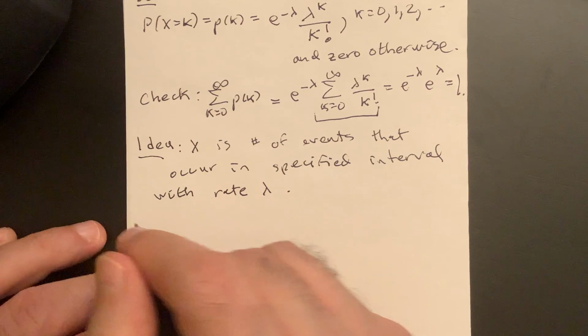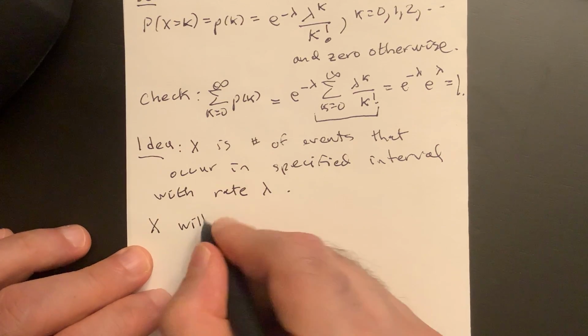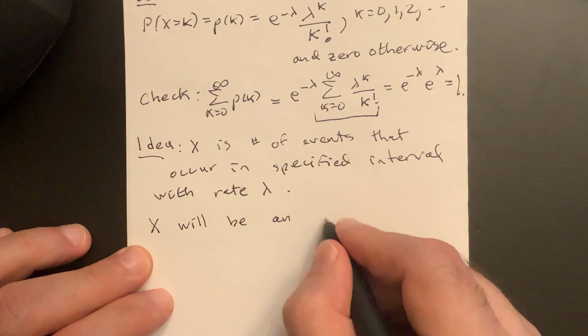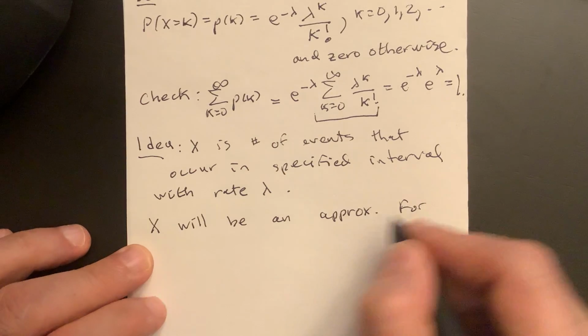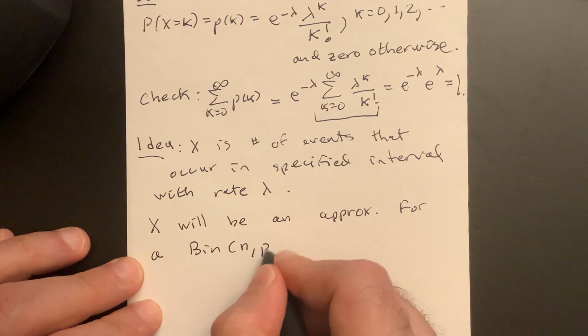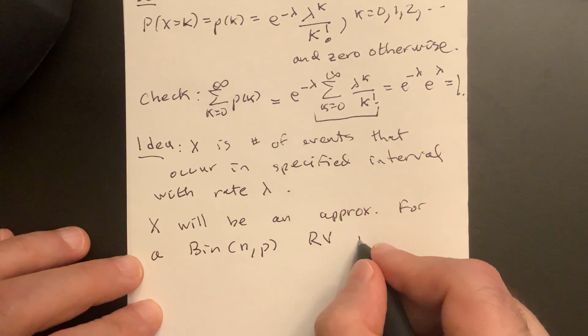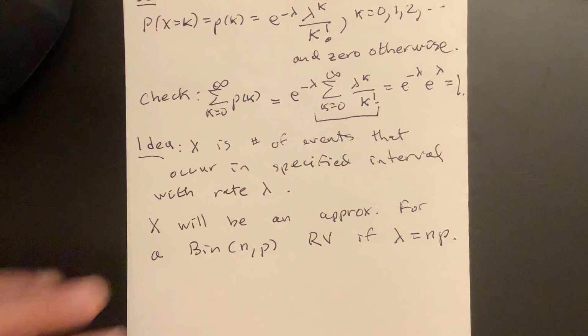In fact, in this case, x will be an approximation for a binomial n, p random variable if lambda is equal to np.